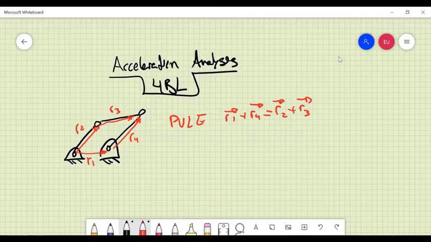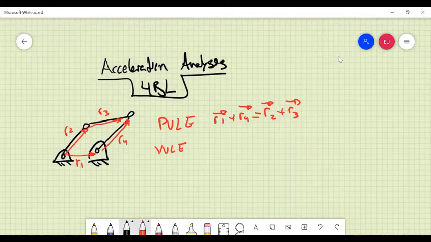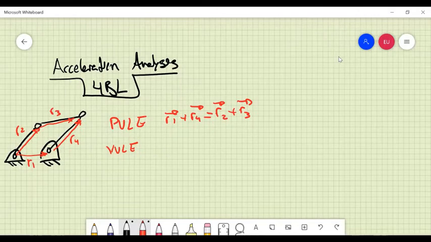Got it? And then we work out the velocity vector loop equation. Before writing it, which were the outcomes in the position one? It was theta 3 and theta 4, both as a function of theta 2. What about the velocity vector loop?